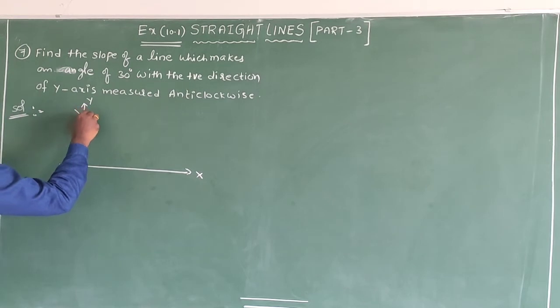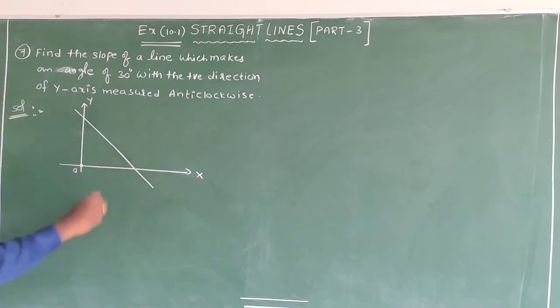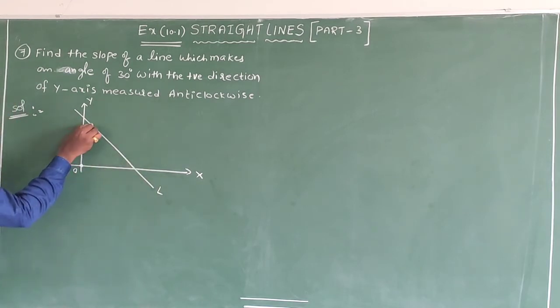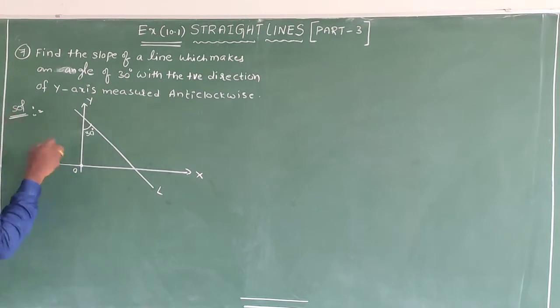So I am taking a straight line L. It makes an angle of 30 degrees with the positive y axis. Already this angle we know because it is perpendicular. That's why the angle is how much?